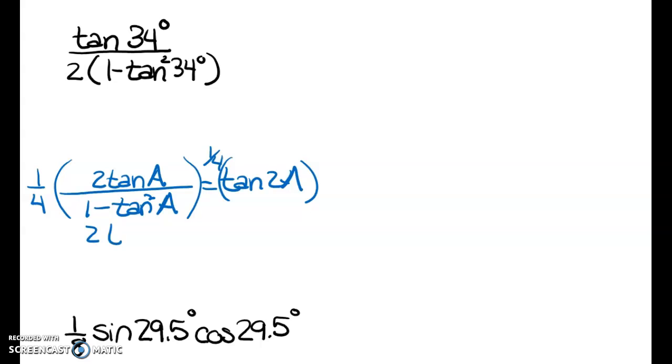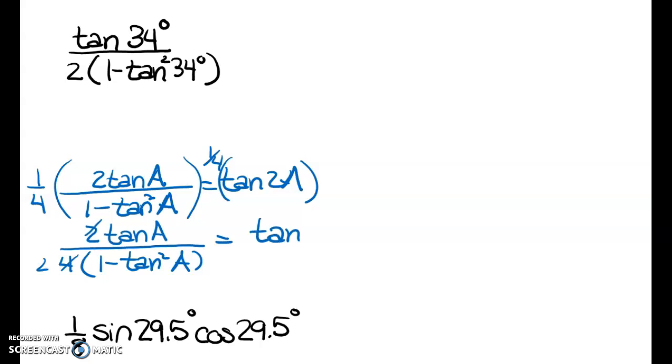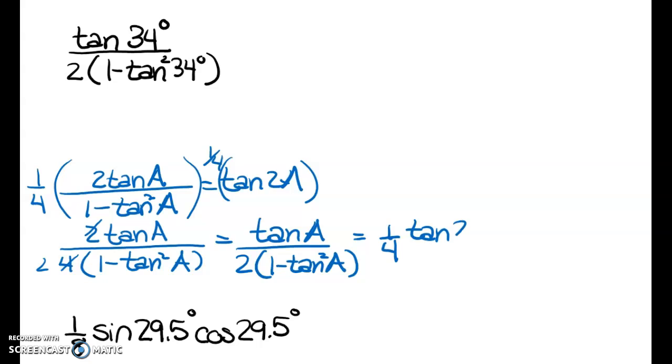Yes, because 2 tangent of A over 4 times 1 minus tangent squared of A, this is going to reduce to a 2. That gives me tangent of A over 2 times 1 minus tangent squared of A equals 1/4 tangent of 2A.